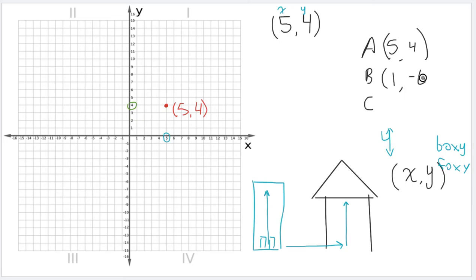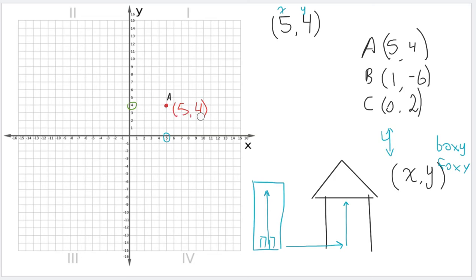Let's make it a little bit more interesting. -6. And finally we have, let's make it really tricky, C: 0 and 2. In this case, when I've given you labels like this, you can also take this point that we just laid down and label it like that instead of making a very messy graph.